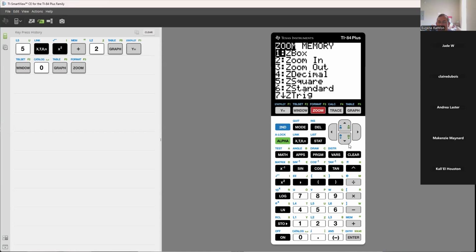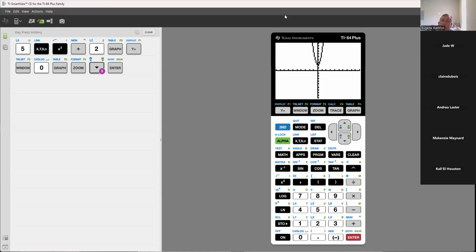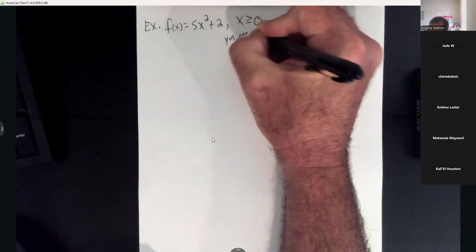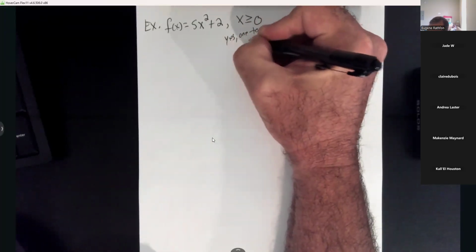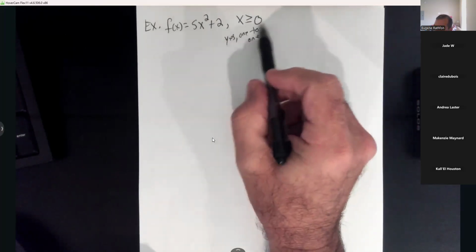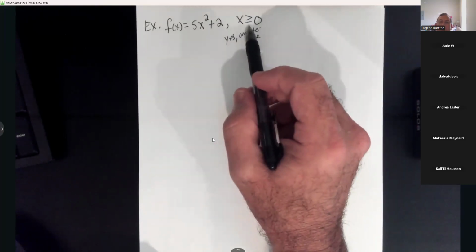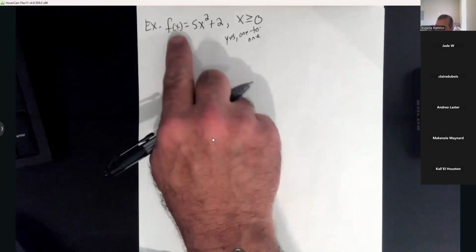All right, so let me go to zoom 6 and go back to normal. So yeah, that's what they mean on that. So it is one-to-one because they're restricting the domain. So yes, one-to-one. So anytime they do this kind of stuff, that's what they're doing. All right, so it's one-to-one.